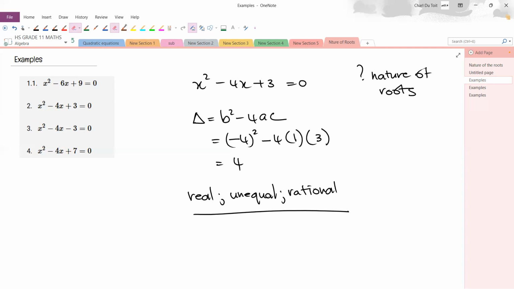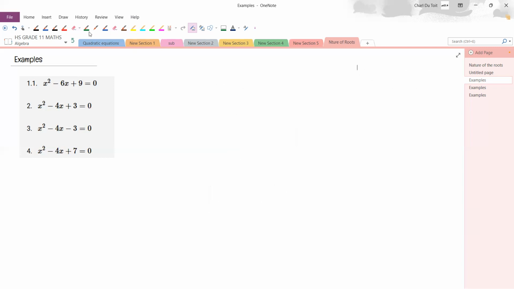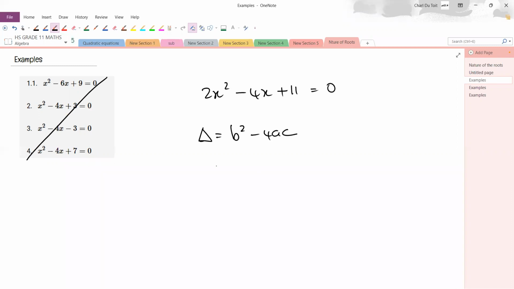Okay, number 4. Okay, you take this down. Why these easy examples? We're going to make our own one: 2x squared minus 4x plus 11 is 0. So the discriminant is b squared minus 4ac, and that is negative 4 squared minus 4 times a times c.